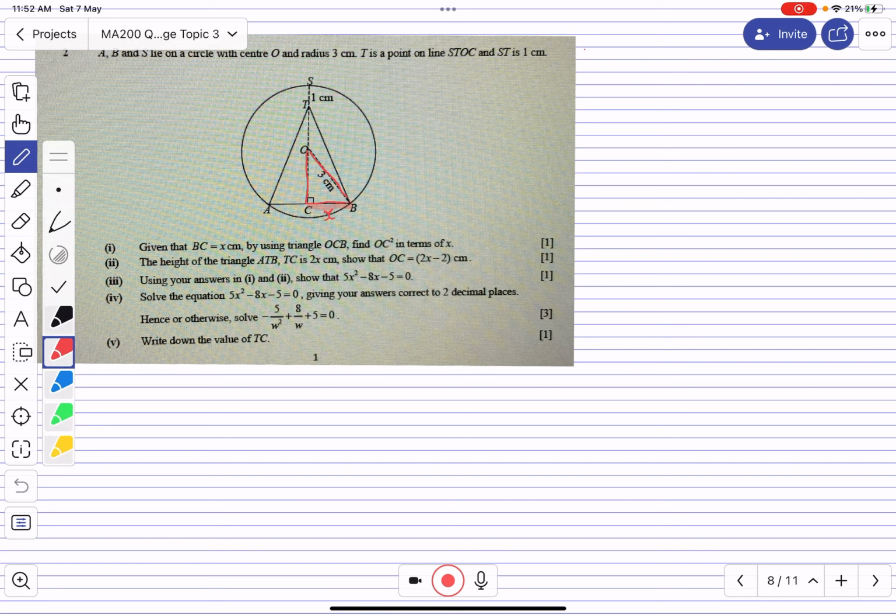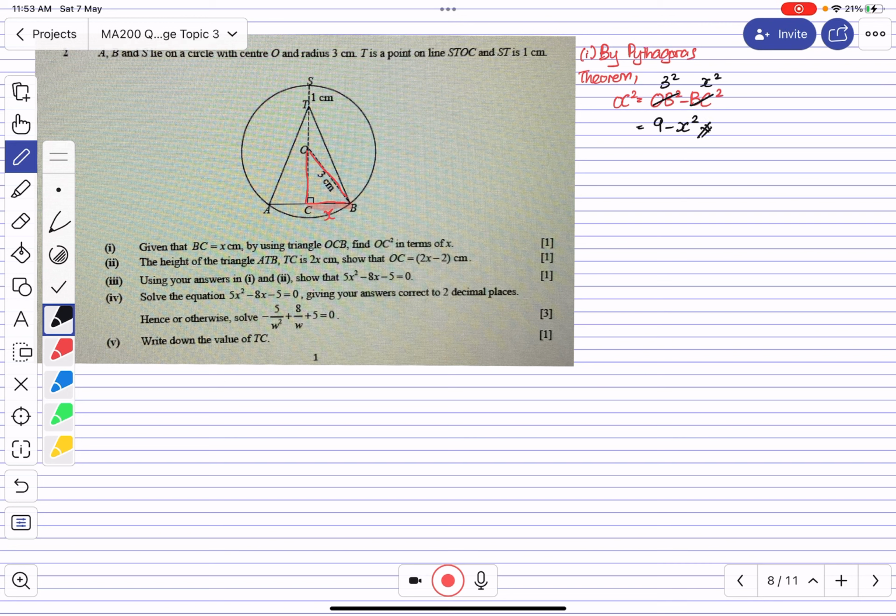Using Pythagoras' theorem, OC squared will be OB squared minus BC squared. OB squared is 3 squared and BC squared is x squared. Therefore, OC squared is just equal to 9 minus x squared.